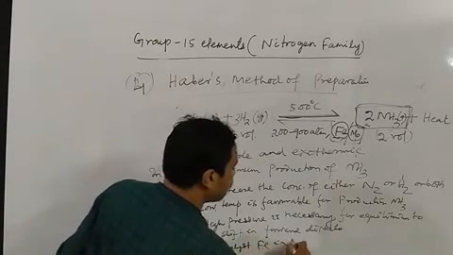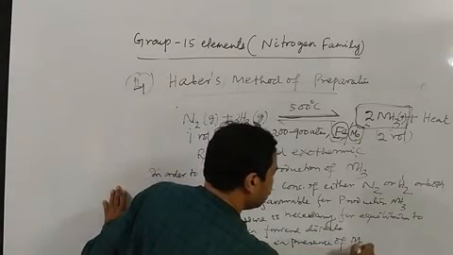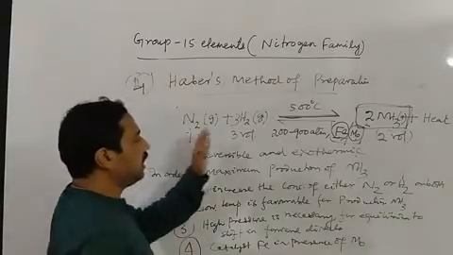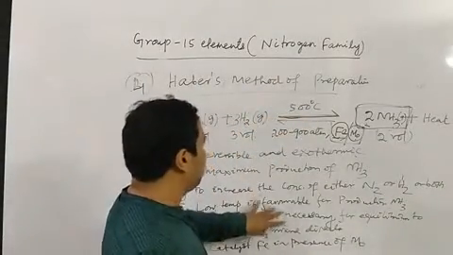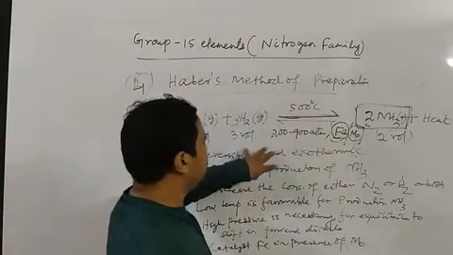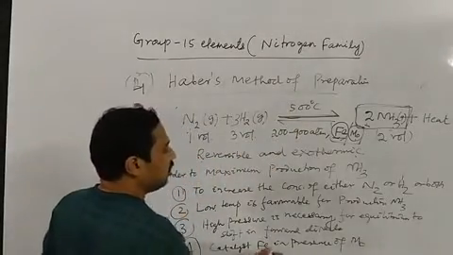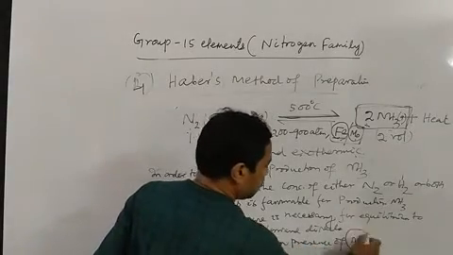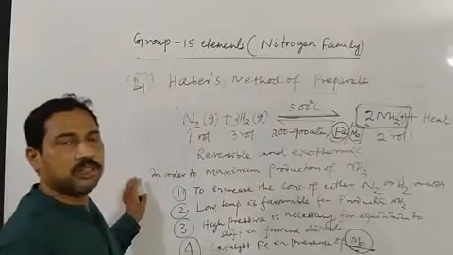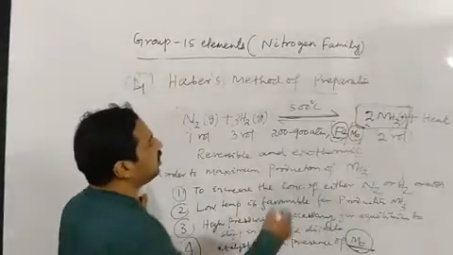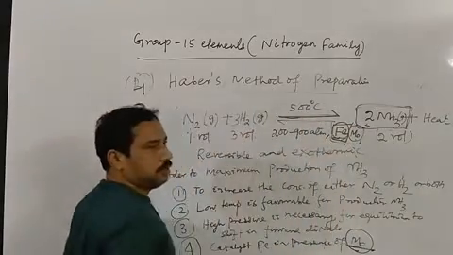Iron in the presence of molybdenum is used to increase the rate of reaction or to establish the equilibrium in the reversible reaction. Therefore, the catalyst iron is used, and in this case, the molybdenum acts as the promoter, which increases the efficiency of the catalyst iron. So, this is Haber's method of preparation.